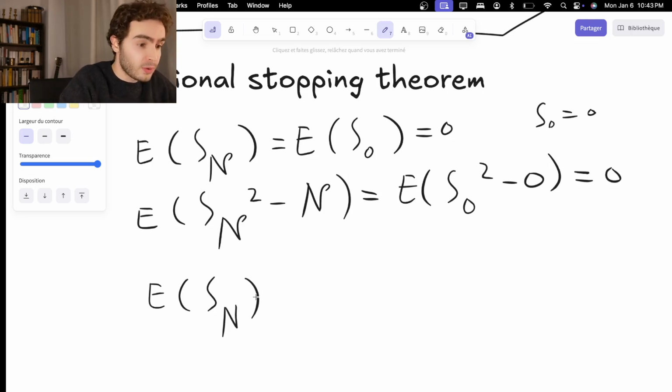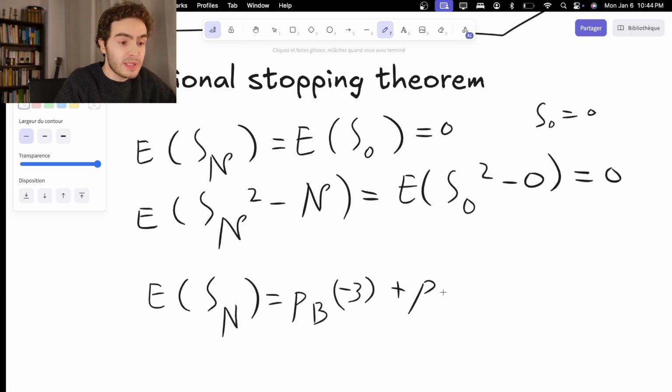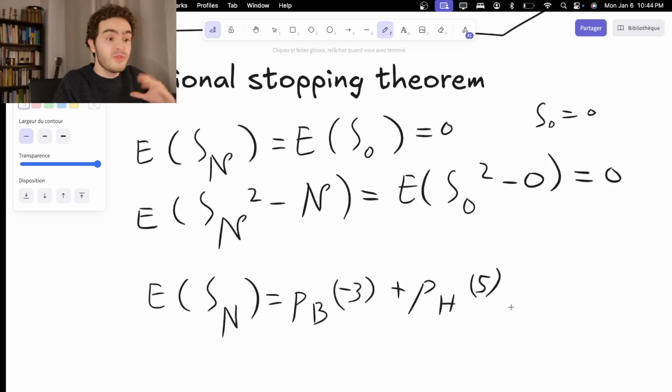And this is equal to the probability of being at the bar multiplied by its value, so the location of the bar, which is -3, plus the probability of being at home multiplied by its value, its location, which is 5. Or, if you are at the bar, you can't be at home, because you are stopping to travel when you're either reaching the bar or home.